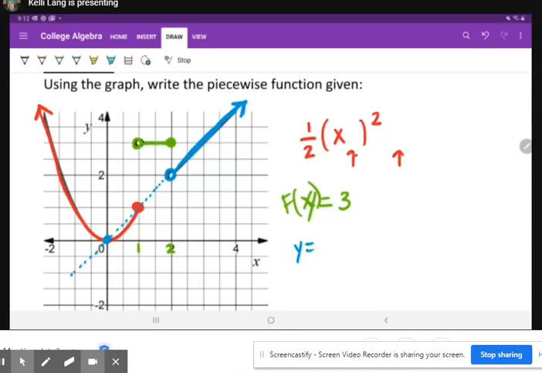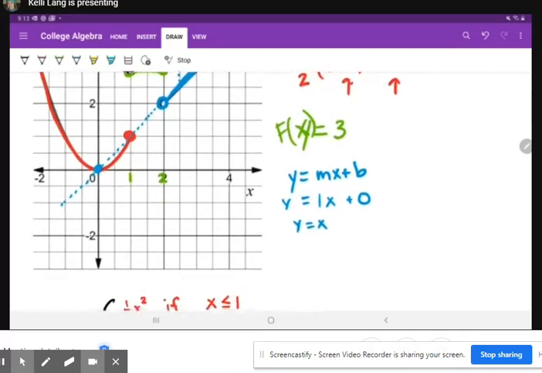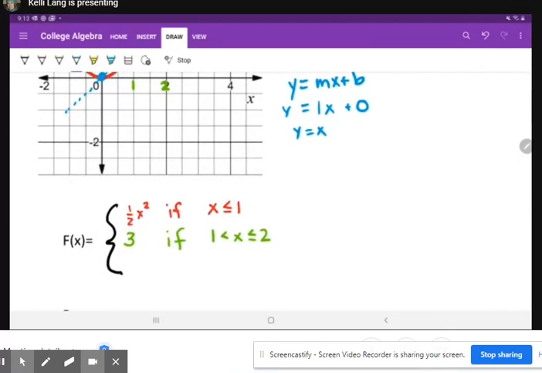Lines are usually represented by mx plus b, where b is our y-intercept, which in this case is 0, and m is our slope, which in this case, rise over run, would be like 2/2, which simplifies to 1. So this line is represented by this very nice and simple equation, y equals x, after we've figured out our slope, figured out our y-intercept, and simplified everything down. So our equation here is just x.